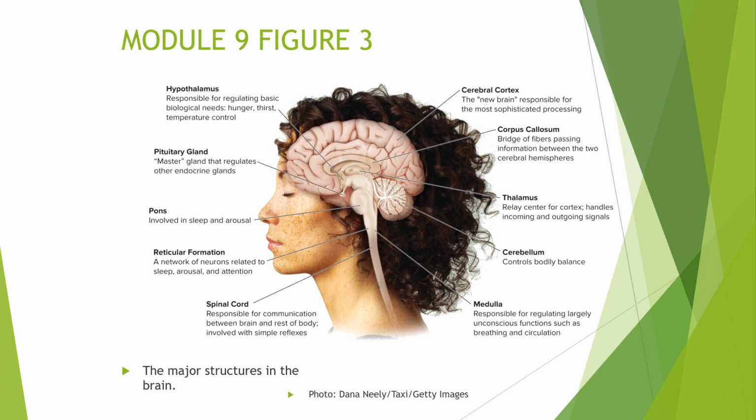Now we move into the midbrain. We have the thalamus, the hypothalamus. We have the pituitary gland that we talked about before, which is in charge of hormones. And then as you'll see here in just a little bit, the cerebral cortex and the corpus callosum. And we'll talk a little bit about that coming up.